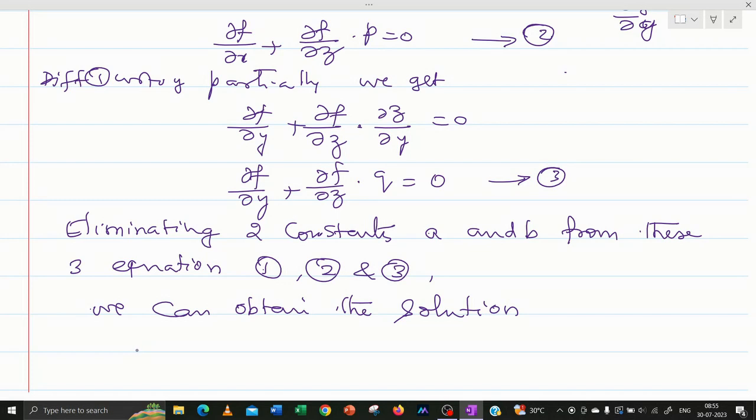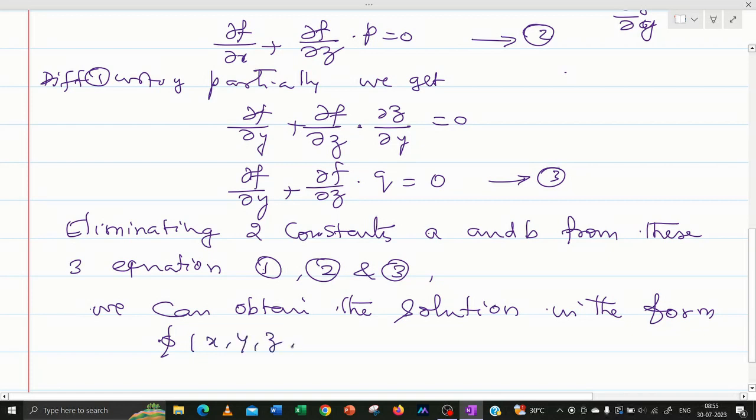So what is the solution here? You can write the solution in the form phi of x, y, z, p, q equal to 0.